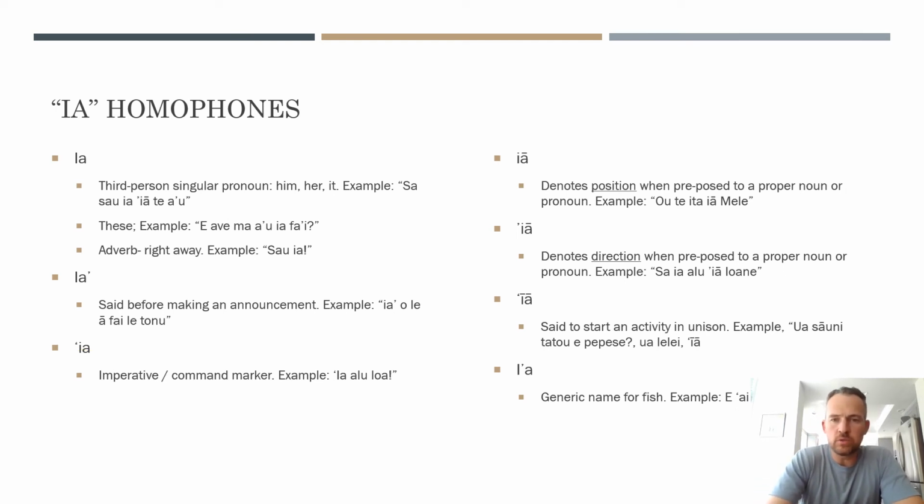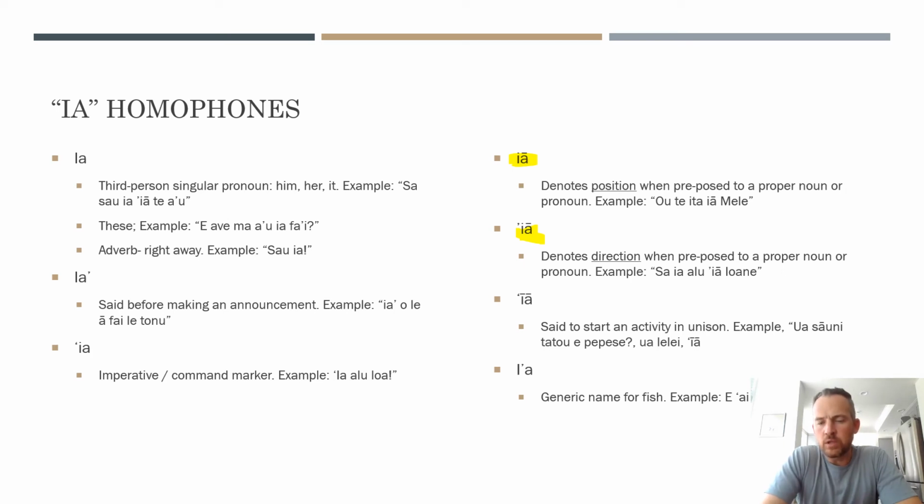Moving on to ya. And I'm going to cover ya and ya at the same time. Again, these are very subtle differences, and I don't know that I'm doing the best job pronouncing them. These are very similar to e and e, and basically one is denoting position, and the other one is denoting direction.